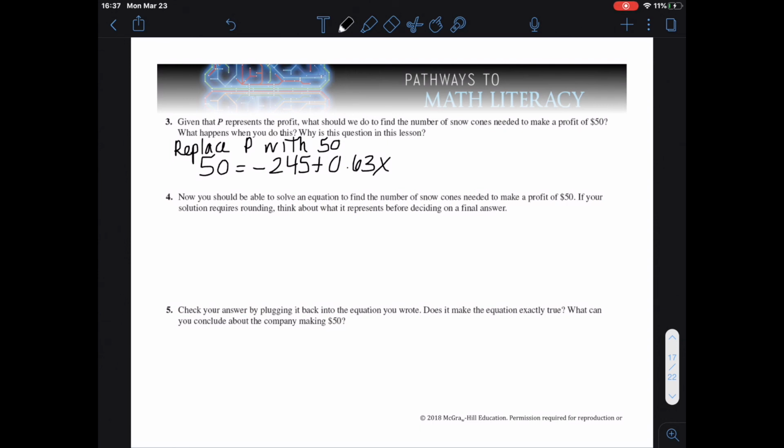So we need to solve 50 equals negative 245 plus 0.63x. So remember, your goal is to isolate the x variable. So I'm going to first move all of the constants to one side. So I need to get rid of this 245. So I'm going to add it to both sides.